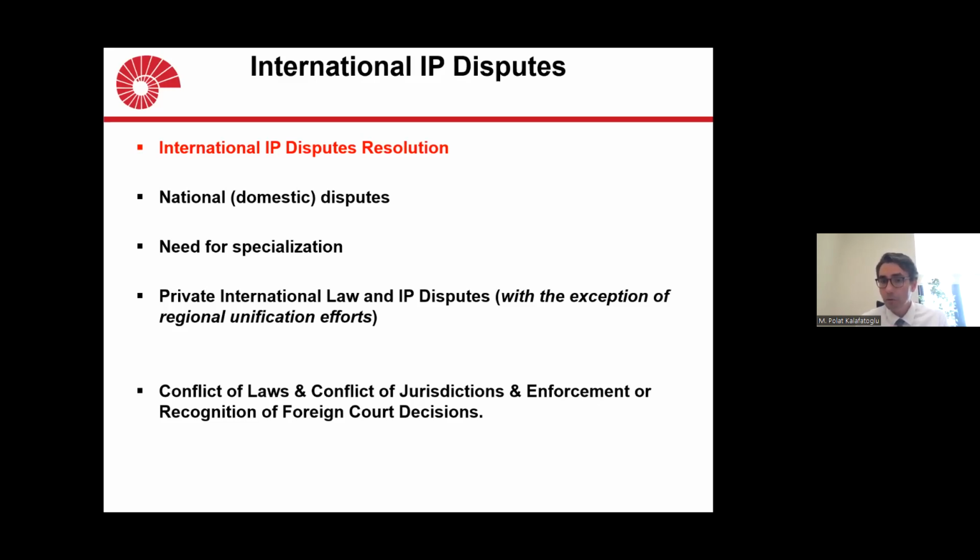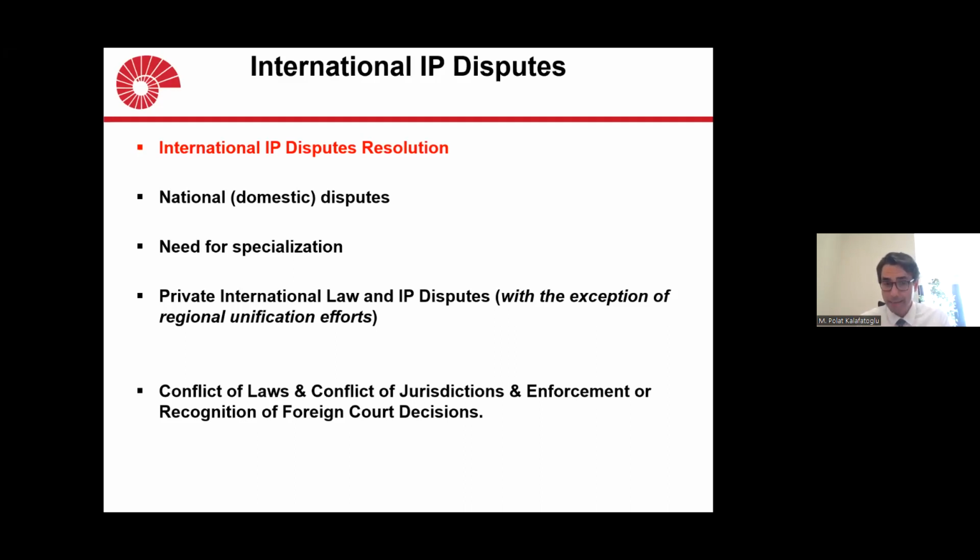Okay, so these are all private international law aspects, but we also need to answer these questions in the field of international IP disputes. Applicable law, international jurisdiction of state courts, and also, as the final aspect of private international law, the recognition and enforcement of foreign court decisions in the field of IP disputes.